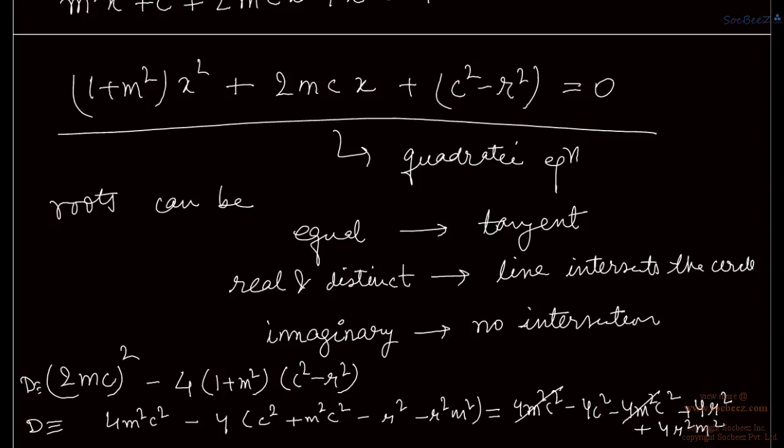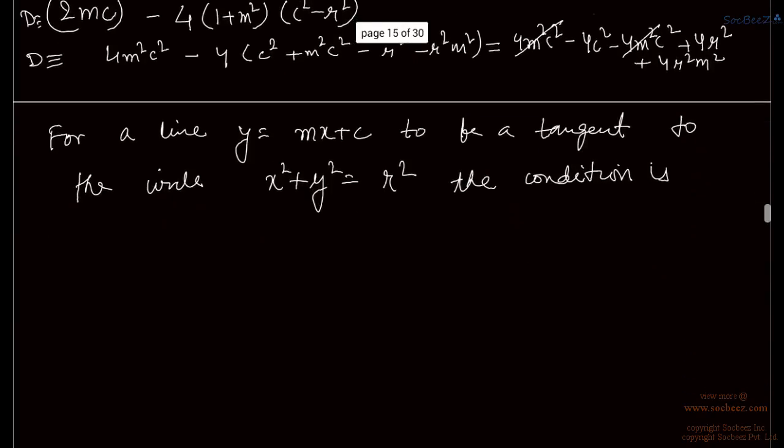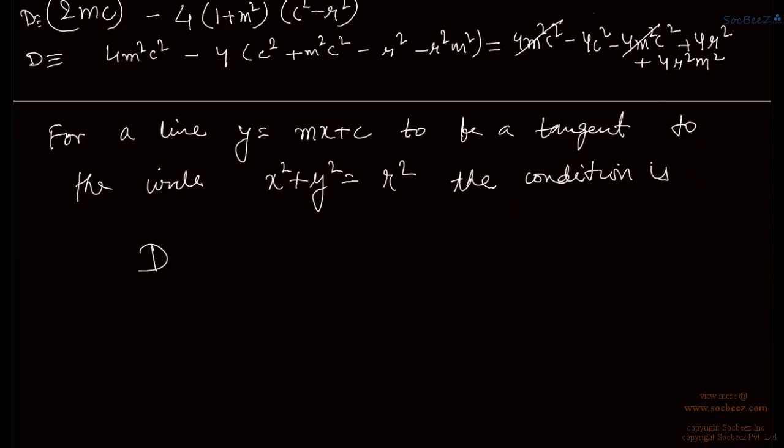So this will get cancelled, and we are left with 4 times (r square plus r square m square minus c square).